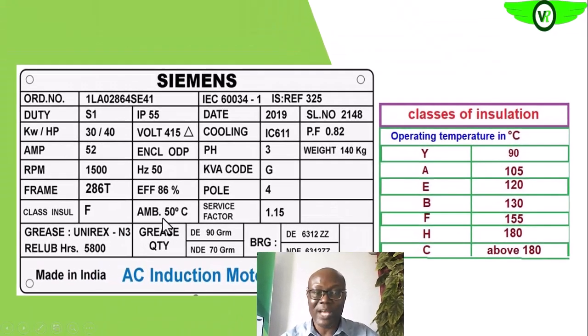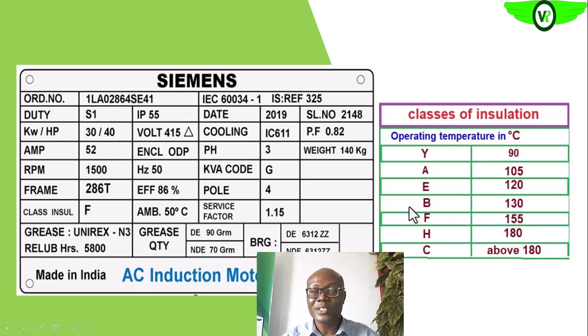Remember, here we have an ambient temperature of 50 degrees Celsius, which means that all the materials used inside this particular electric motor, this electrical machine or asset that we are looking at, can withstand a temperature rise of about 105 maximally, because 105 plus this 50 ambient will give you 155.